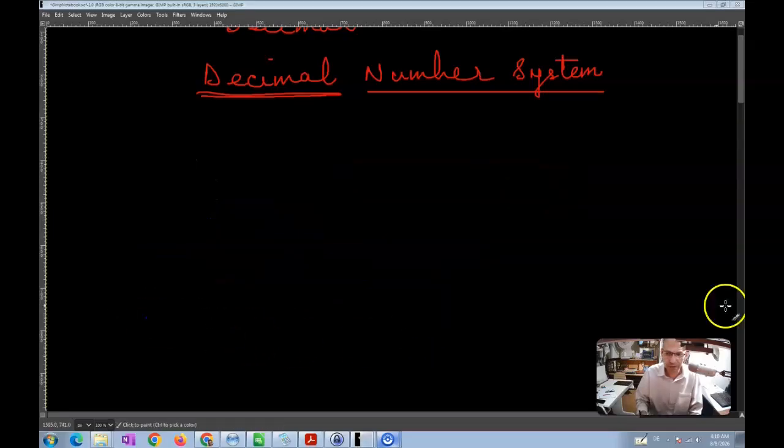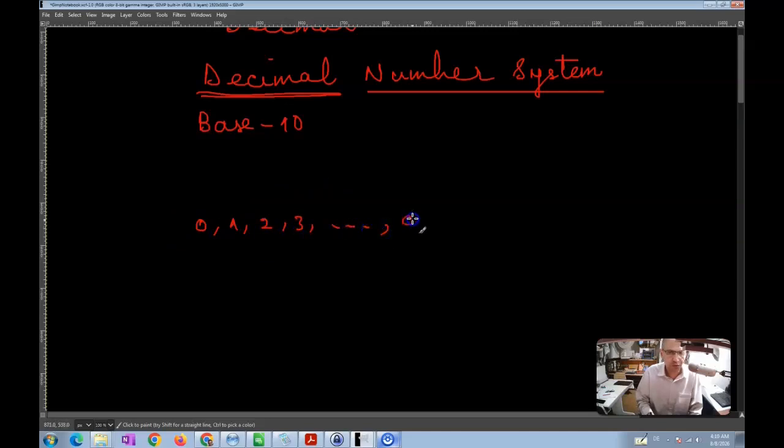because this is a base 10 number system. A base 10 number system means that you have the digits 0, 1, 2, 3 all the way up to 9. You have 10 digits over here.